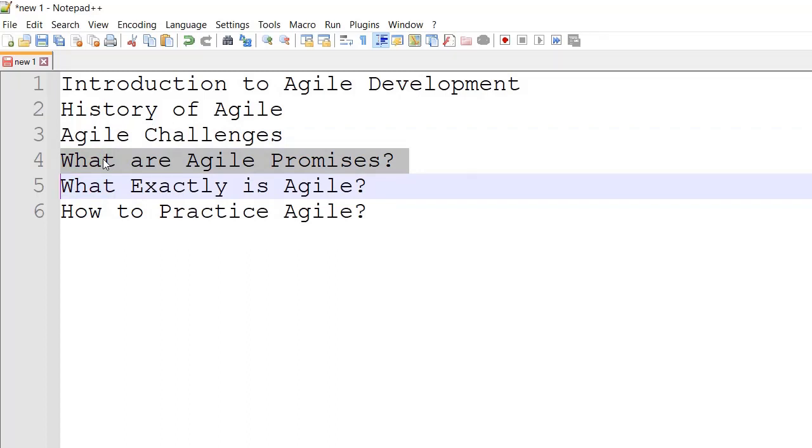Okay, so Agile has given some promises: on-time delivery of the project without cost overruns, a high quality product instead of insufficient software, good design of code which is easily maintainable, a customer-first approach, communication and collaboration, and empowered development teams.